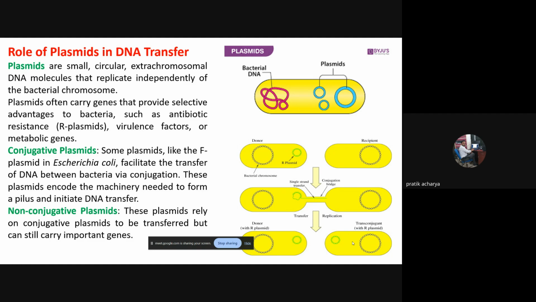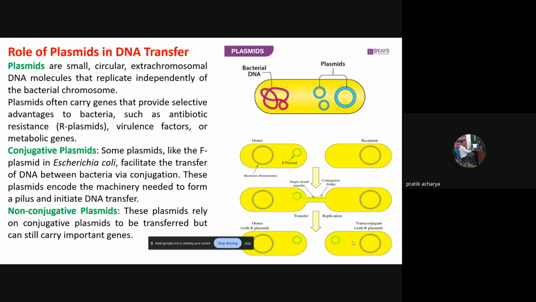They facilitate transfer of DNA between bacteria by conjugation. These plasmids encode the machinery needed to form a pilus and initiate DNA transfer. Non-conjugative plasmids rely on conjugative plasmids to be transferred but can still carry important genes.